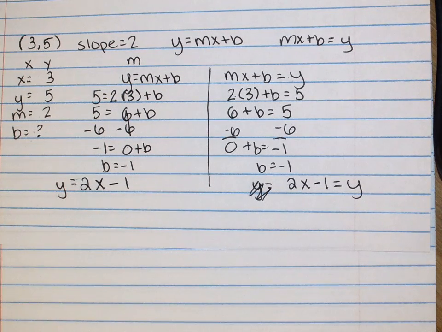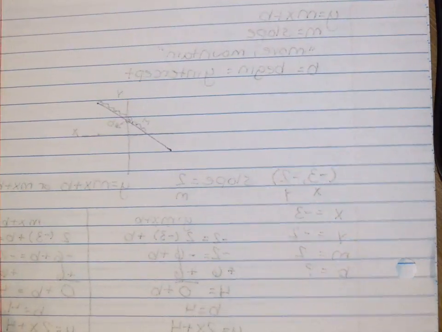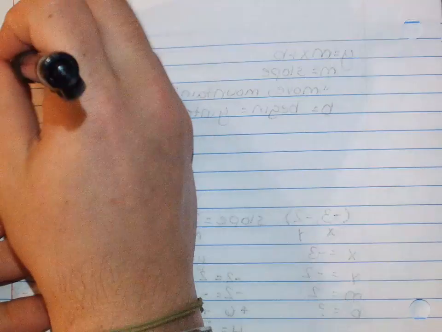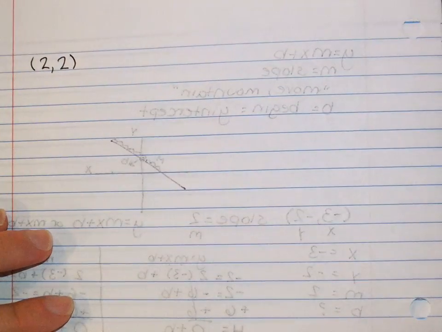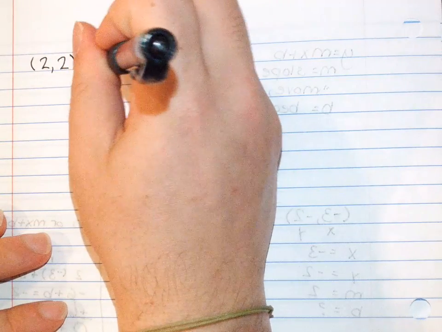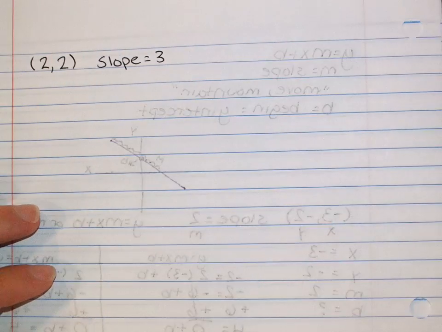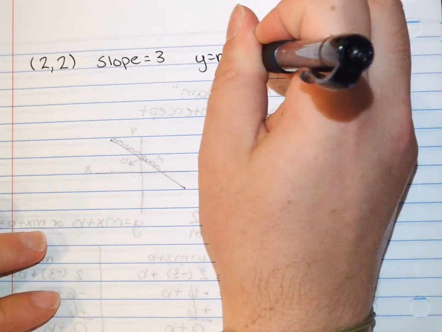Okay? We'll do one more example. So I'm going to turn the page. And remember, I'm going to give you the points 2 and 2. And we're going to have a slope of 3. And we're going to write down what we need. So y equals mx plus b.